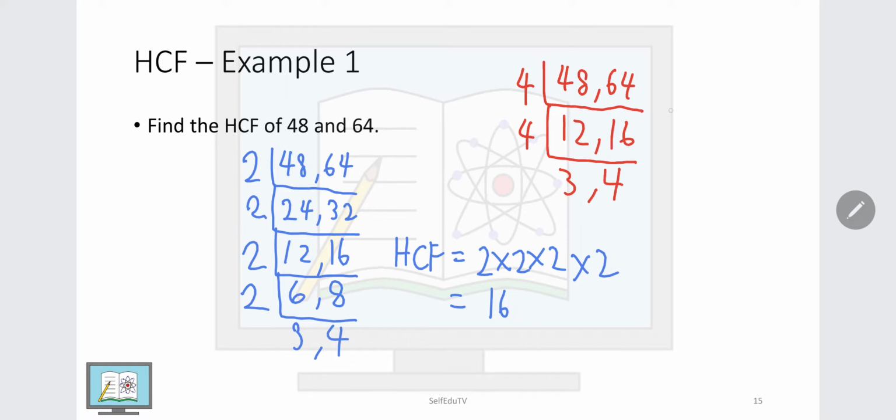Okay, you can do that. So the HCF will be 4 multiplied by 4. Can you see the same answer? So you can choose any whole number as long as 48 and 64 are divisible by that number.